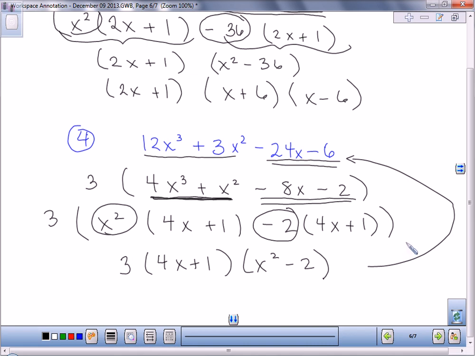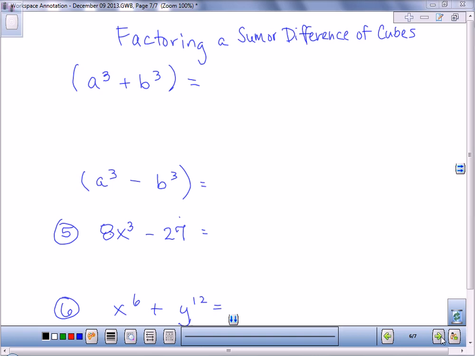All right, last thing we're going to talk about today is how to factor a sum or a difference of cubes. Now, we can only factor a difference of squares, but we can factor both a sum and a difference of cubes. And the pattern is so simple.